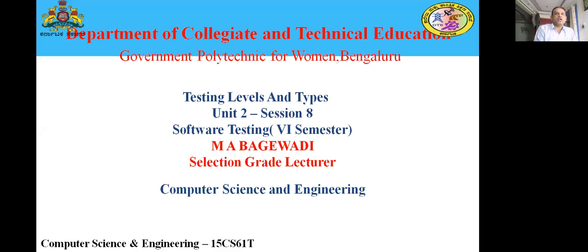Then the second topic was different testing approaches: static versus dynamic testing, positive versus negative testing, top-down versus bottom-up testing, functional versus structural testing, mutation testing, confirmation testing, and regression testing.